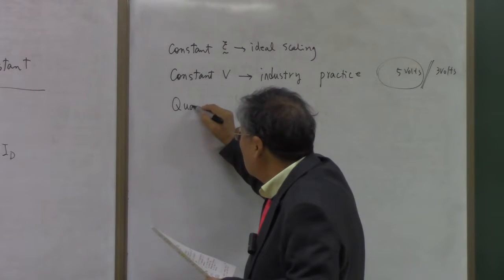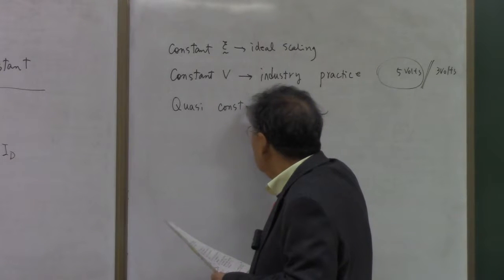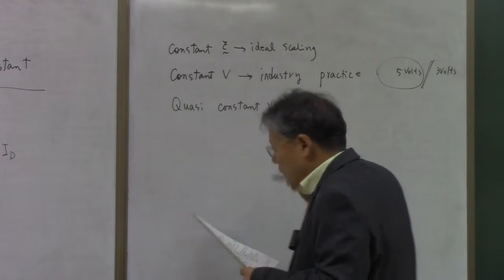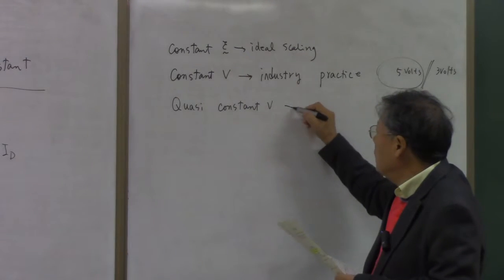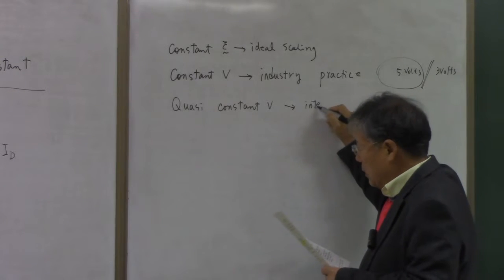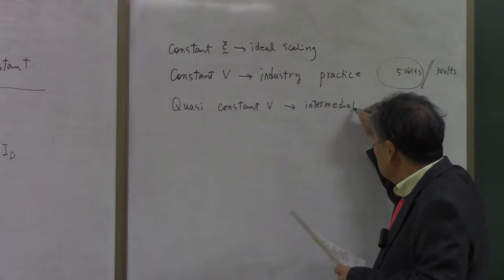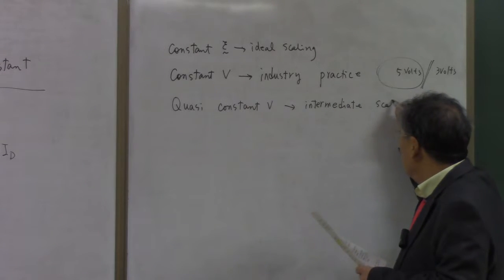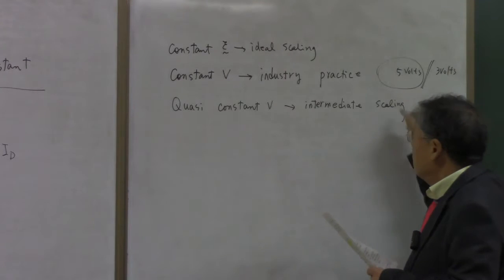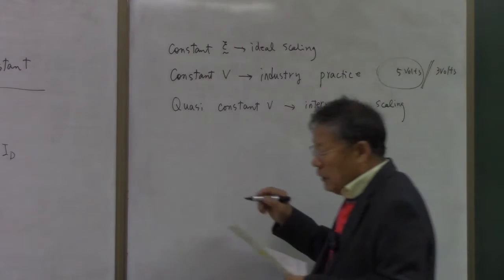And we can have a quasi constant voltage. That is the intermediate scaling between a constant electric field and constant voltage.